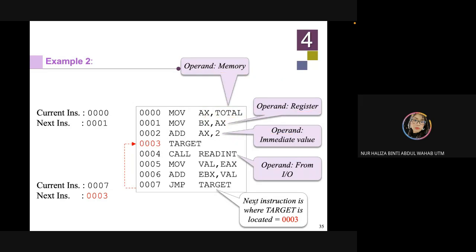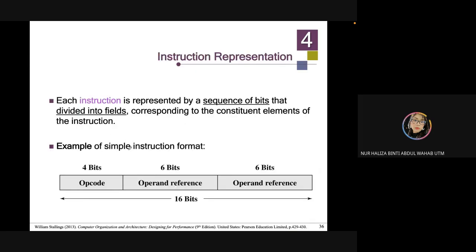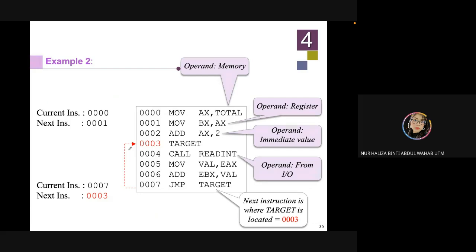And what else? Next instruction is, okay, this one is looping. You're going to go back to 0003. Jump to target. So if you want to see it clearly, you do it one by one.